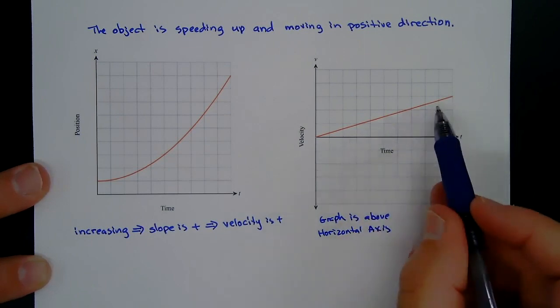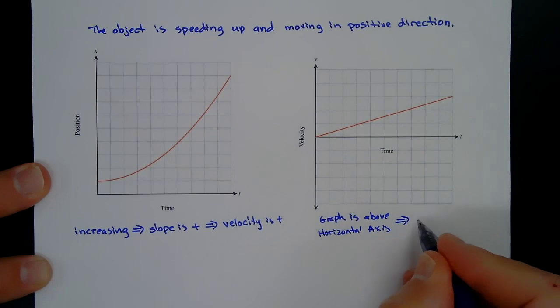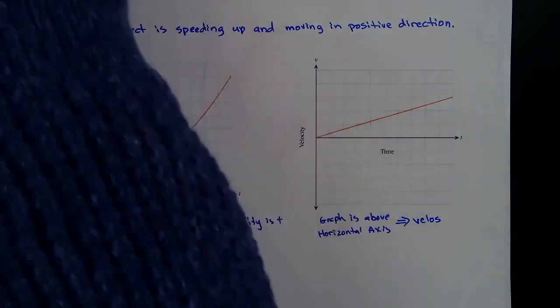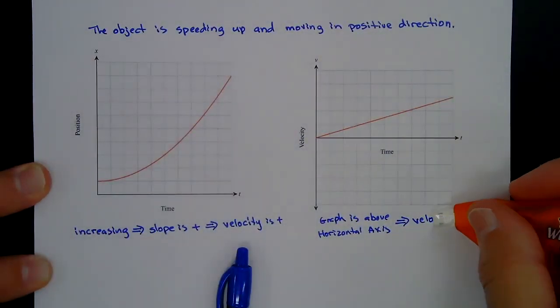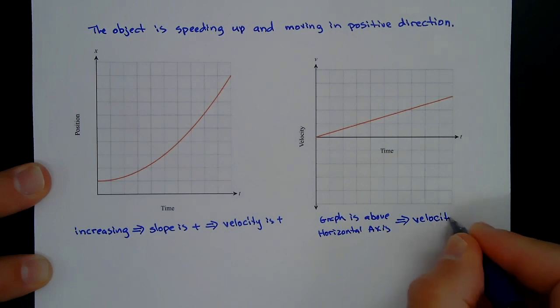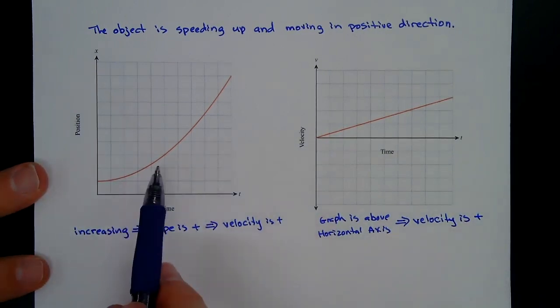And because it's above the horizontal axis, I can tell that the velocity is always positive. I can't spell velocity. I've been spelling it too many times. All right, velocity is positive.